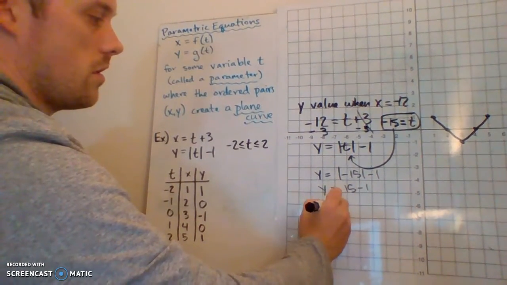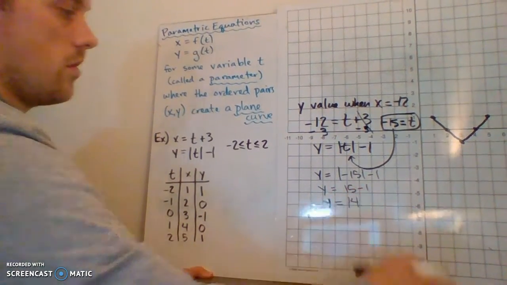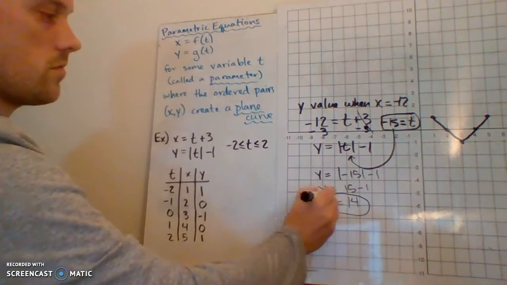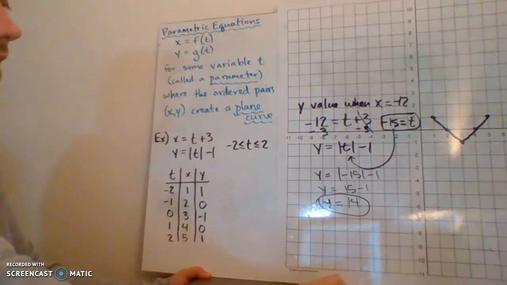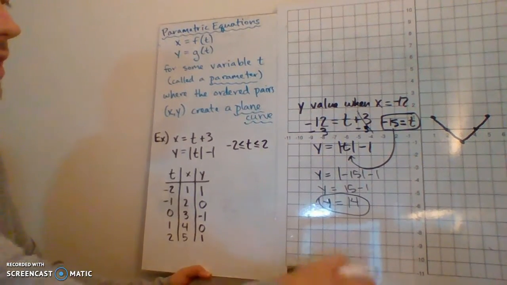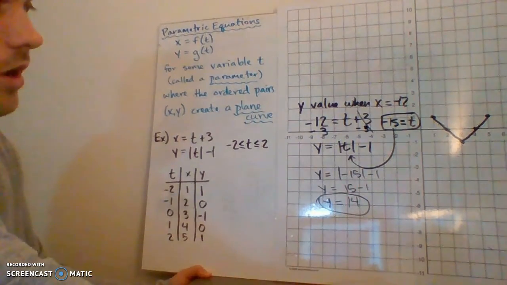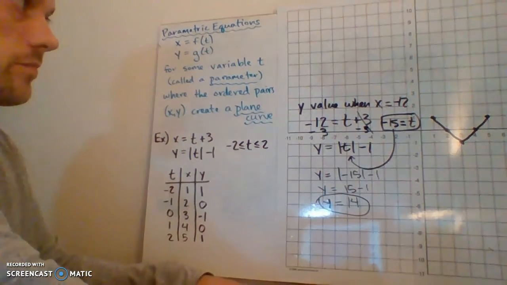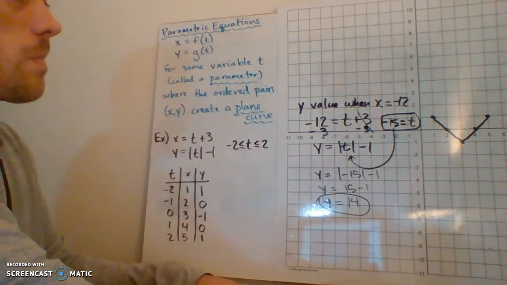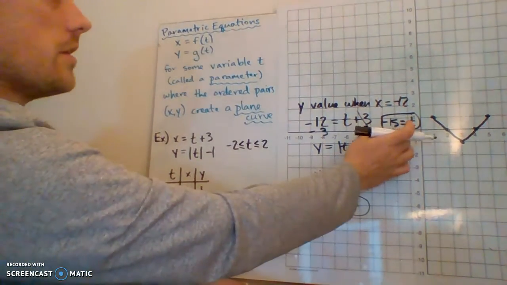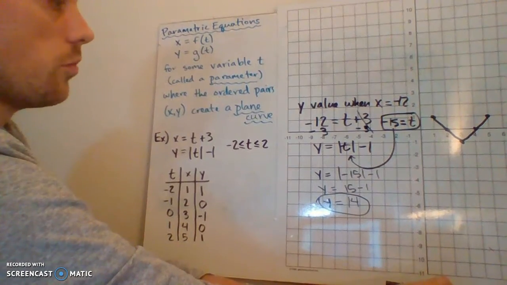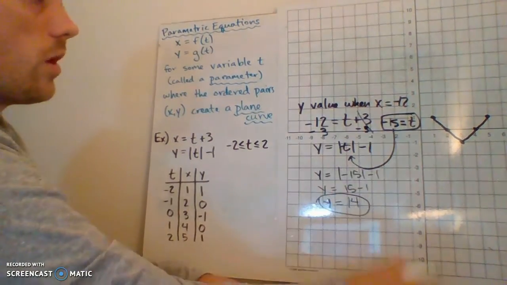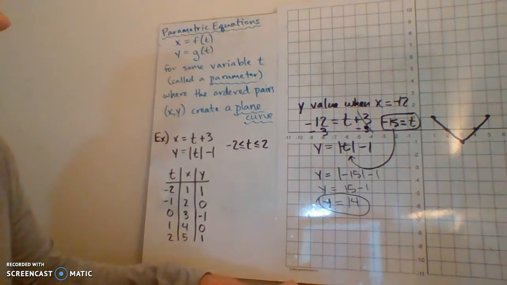Subtract 1, and we get 14. Okay, so when our x value is negative 12, our y value would be 14. So if we're adding that to our graph, we're extending our graph based on this t value, or really the x value that we are given. We could also plot the point negative 12 comma 14.